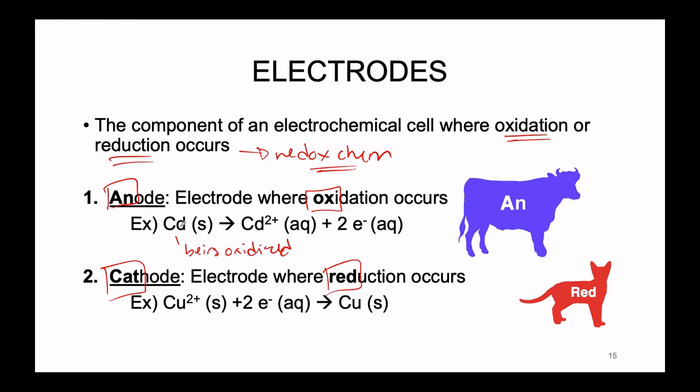The solid cadmium was producing more cadmium 2+ in solution and also generating 2 electrons. So for every 1 solid cadmium that dissolves in solution, we get 2 electrons. These 2 electrons flow over to the cathode side, where copper in solution combines with the electrons and is reduced into copper solid.